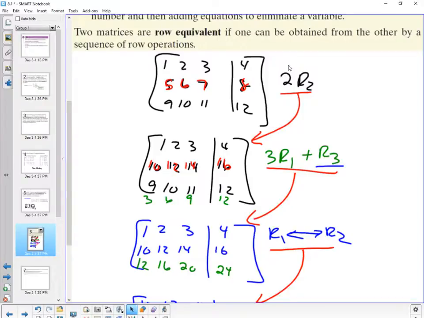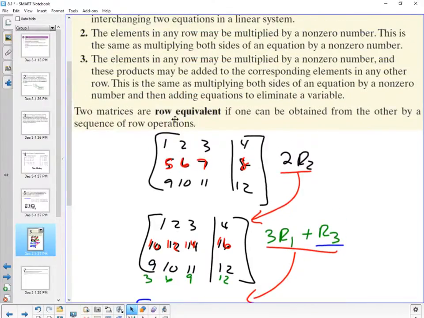Okay, because why do we need these rules? Well, we want to take a matrix and, using these row operations, put it into row echelon form. Right, with that diagonal of ones and zeros under that. You guys ready to do that?